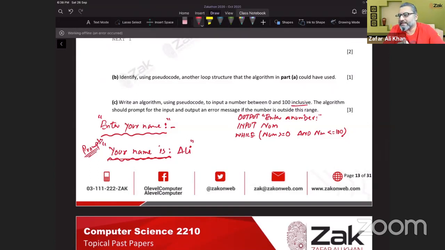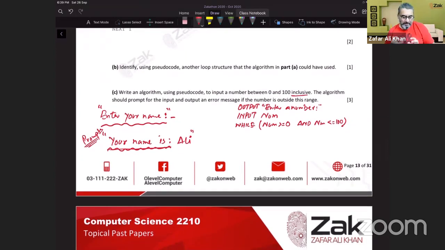Prompts are those sentences, especially in input, which make you input the data. Obviously, the way we were writing programs, there was nothing shown on the screen to get the data in from the user, which is not right, but there are no marks allocated for it, so we don't waste time. So prompt will only be used unless it is asked for.